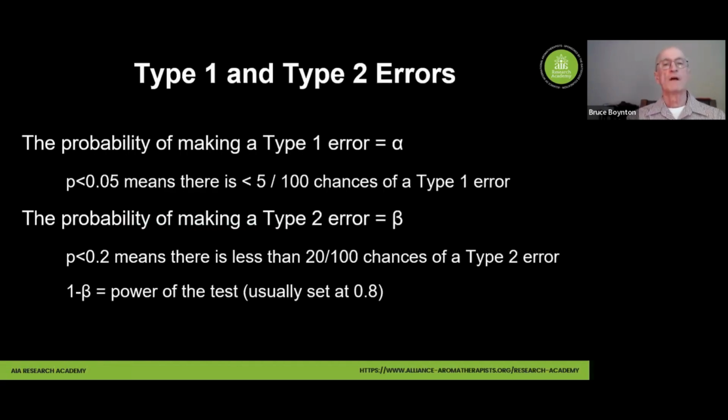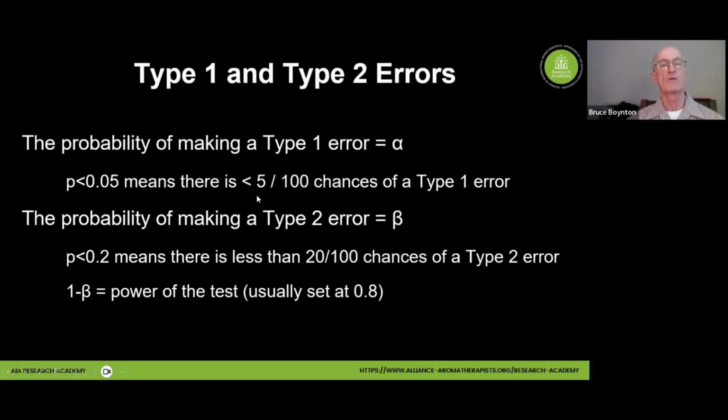Okay, the probability of making a type 1 error is alpha. So when you see in a manuscript, we tested this and it was significant at p less than 0.05, what does that mean?